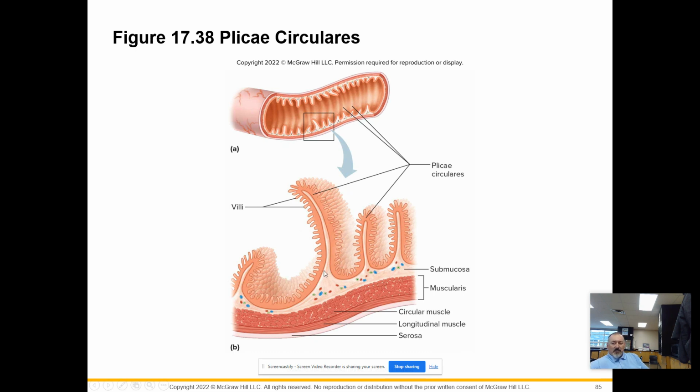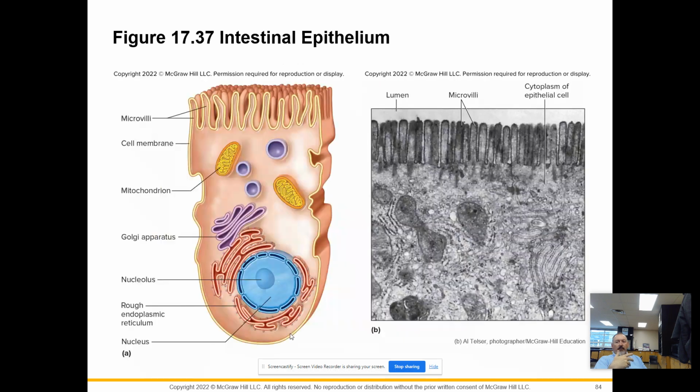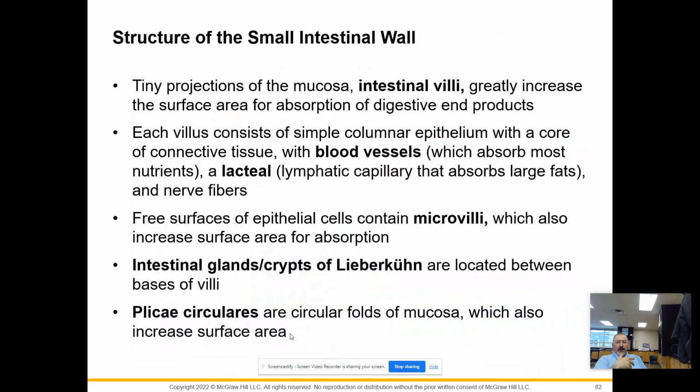Anyway, we have these plicae circulares, these circular structures, and you can also see there's circular muscle. That's the name of a muscle. You can see a longitudinal muscle, and you can see the serosa on the outside. Once again, serosa is a common name for just an outside layer. These ring-like regions are going to help, especially when we get to talking about peristaltic movements.